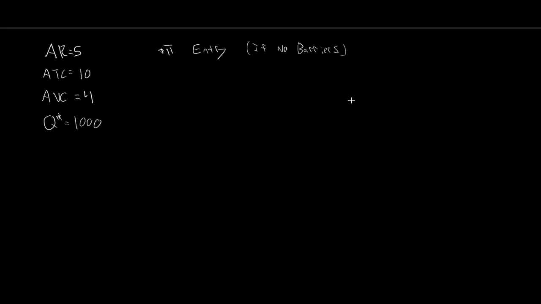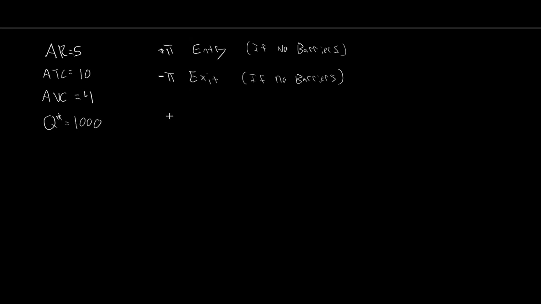It doesn't say anything about barriers in this question, so any positive profit, we would expect entry. Any negative profit, and we will expect exit. And again, that is if there's no barriers preventing exit. Sometimes there can be government legislated barriers that prevent exit from the market. So positive profit entry, negative profit exit.